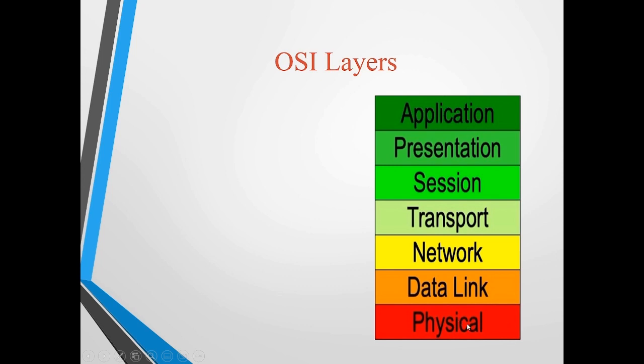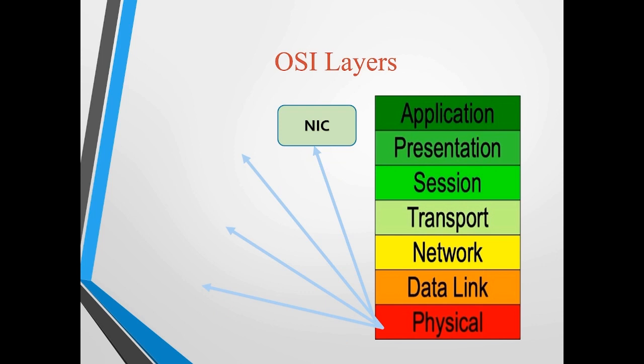The physical layer is responsible for the actual physical connection between the devices. How many devices work on this physical layer? The first networking device which works on the physical layer is the NIC, the network interface card.